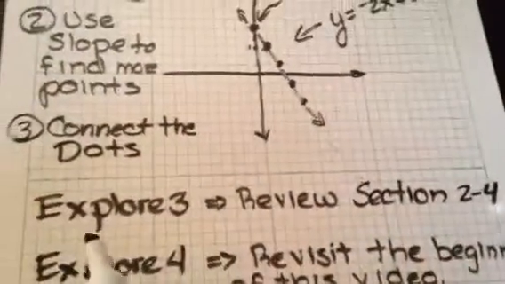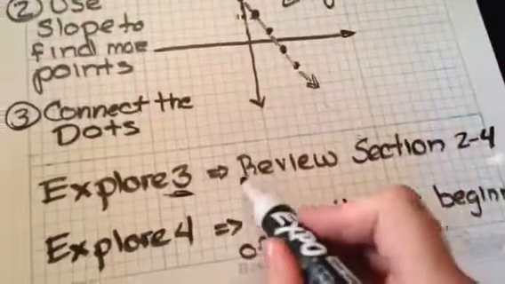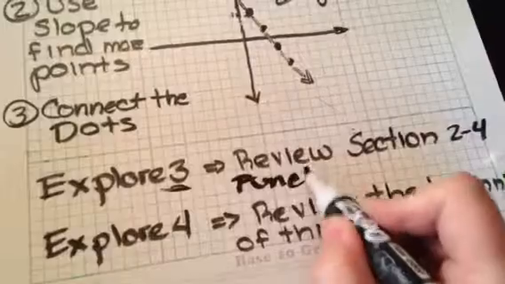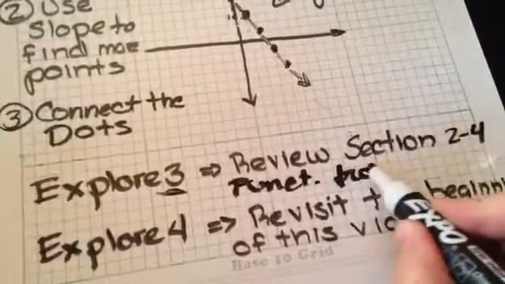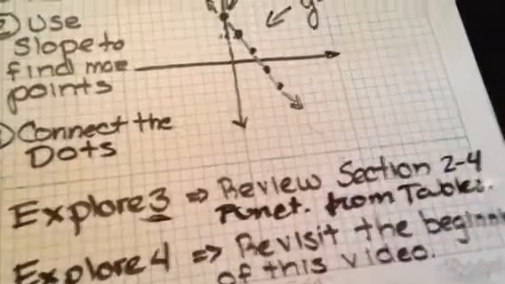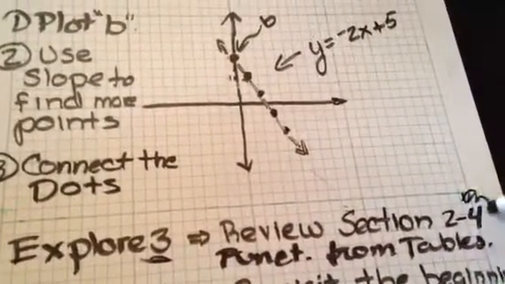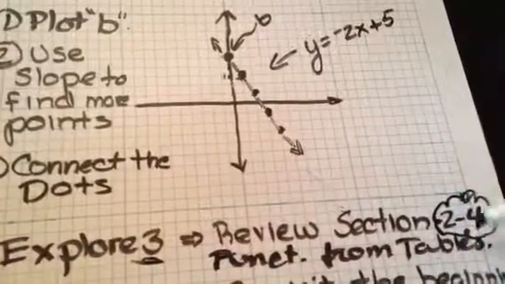Now, your Explore 3, this is talking about making functions from tables. And we did that back in section 2-4, so I want you to review this. If you have questions after you review section 2-4, come see me.